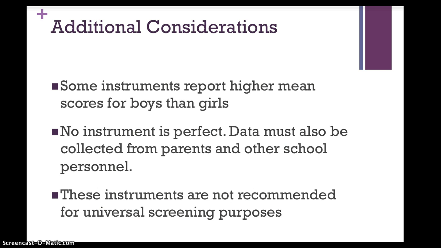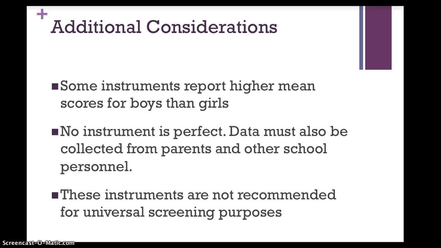Other things to consider, though, again, are really knowing the psychometrics of your instrument and checking into gender differences that should be reported. It's typical for boys to have a higher mean on a lot of these instruments than girls, and taking that into your consideration and judgment in the decisions to move further. Again, every instrument has error despite efforts to really produce a quality, highly reliable and valid instrument.